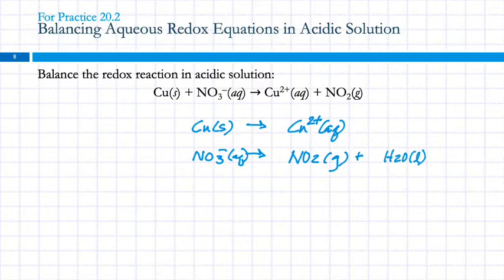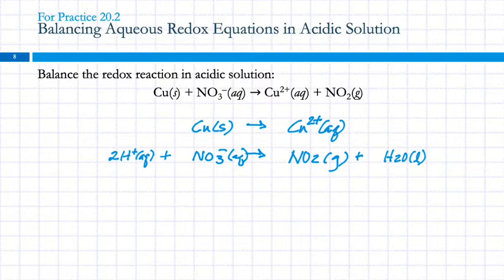So that fixed my oxygens, but it introduced a problem with hydrogens, and so here I've got 2 hydrogens, and I need 2 hydrogens on the other side, and so it's an acidic solution, so I'm going to add 2 H+ ions. And now I've got the correct number of elements on each side.